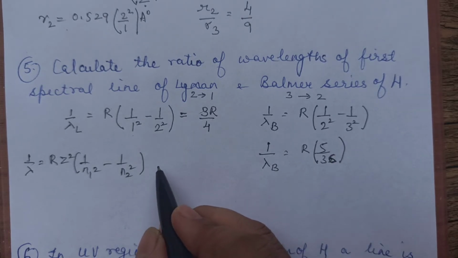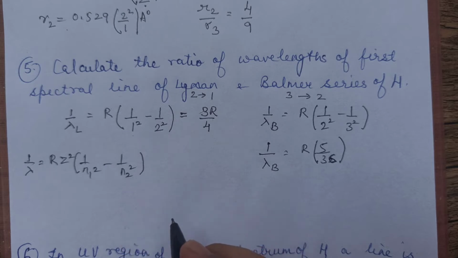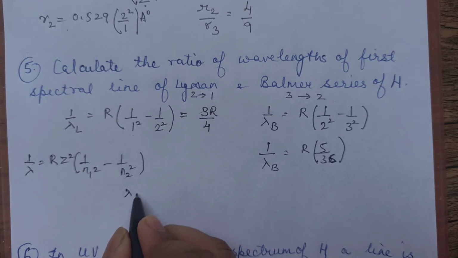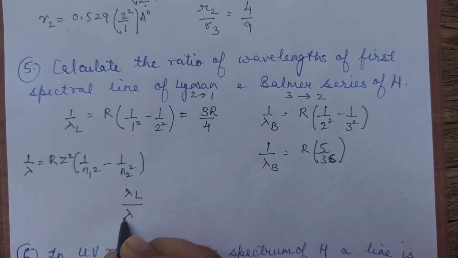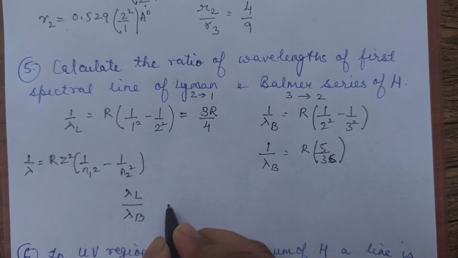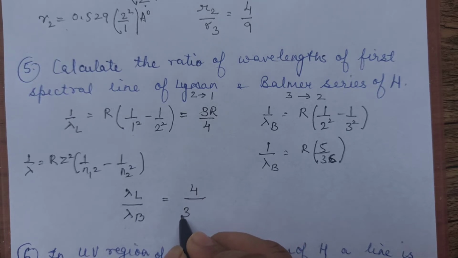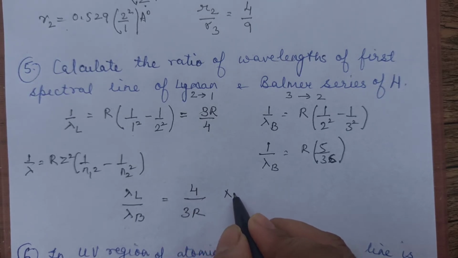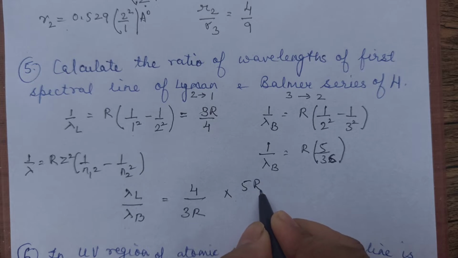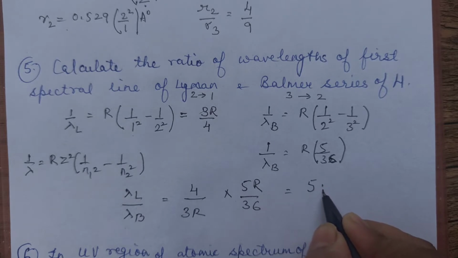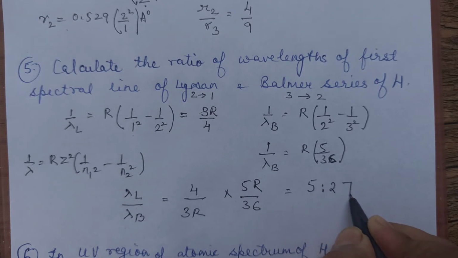Okay, now we are asked to find out the ratio. You can just find out the ratio. What you will get is lambda L, that is for Lyman, then for Balmer you are getting 4 by 3R, and here I am getting 5R by 36, and if I solve this, children, I will be getting 5 by 27.